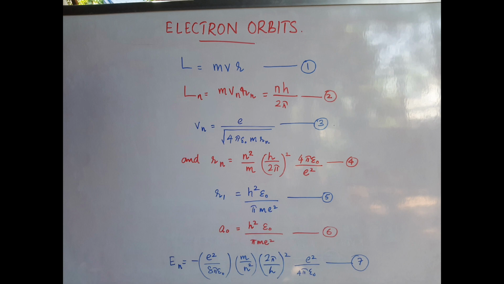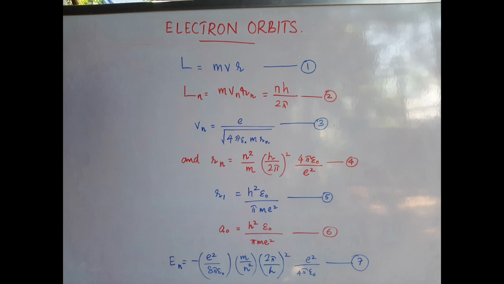The total energy of the electron in the stationary states of the hydrogen atom can be obtained by substituting the values of orbital radius in the equation E = -e²/(8πε₀r), as En = -(e²/8πε₀)(m/n²)(2π/h)²(e²/4πε₀), or En = -me⁴/(8n²ε₀²h²).